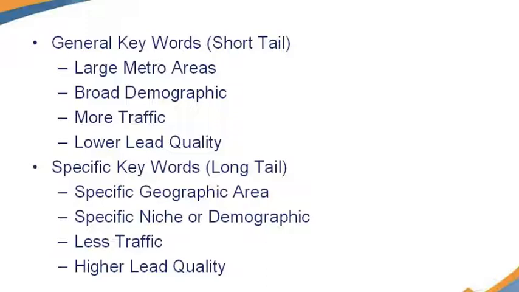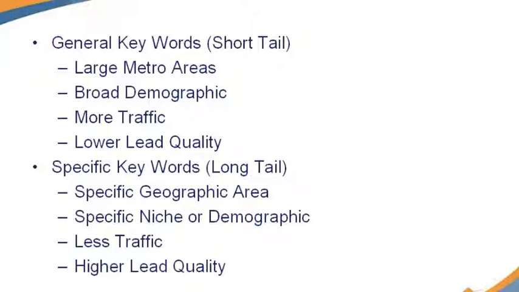Same with specific keywords. Specific keywords or long tail keywords have a specific geographic area in mind. Let's say a specific neighborhood in mind. So if we're in San Francisco, maybe we only want to live in Pacific Heights. So Pacific Heights real estate would be considered a long tail keyword because you're breaking down to a very specific geographic area or a specific niche or specific demographic.